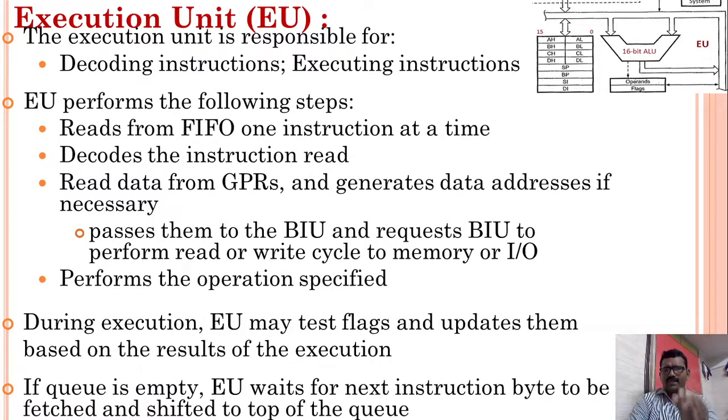After execution of a branch instruction, the control will be transferred to a new address. At that time, the instruction queue will be cleared, all the instructions in the queue will be cleared, and the EU will wait for the next instruction.